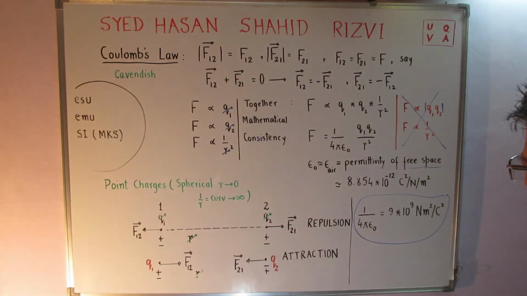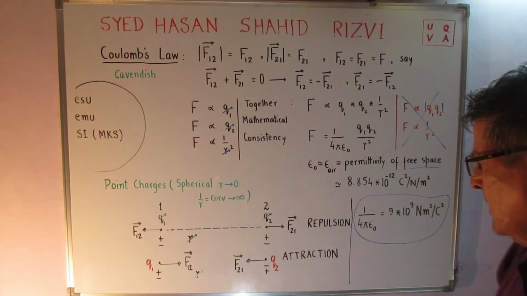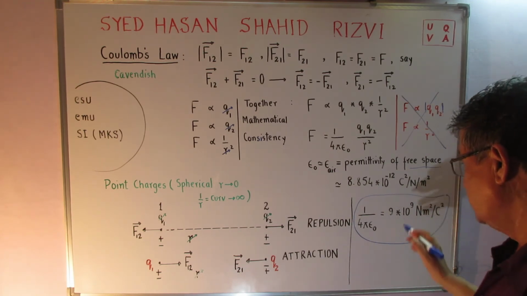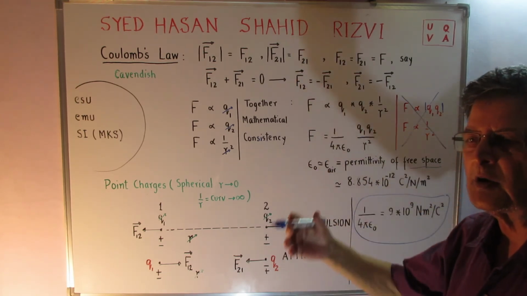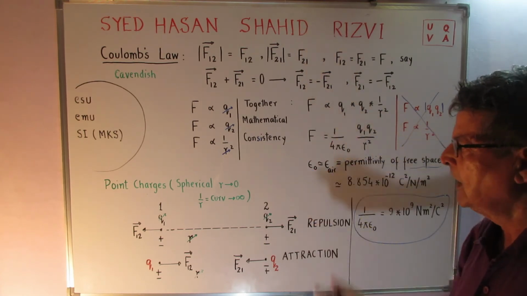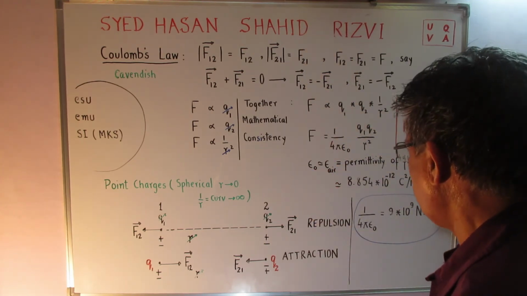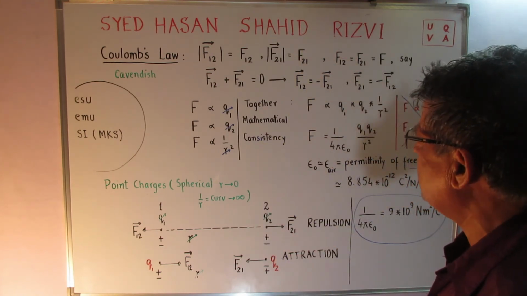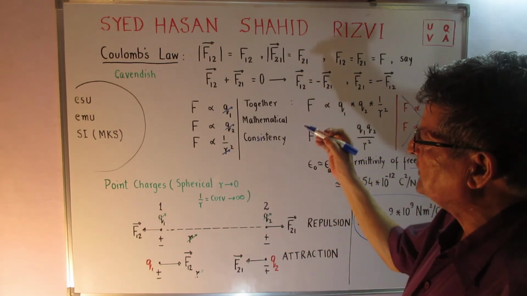Friendly in the sense that if you use that value maybe 10 times, then you remember it: 9 into 10 to the power 9. Oh, beauty.